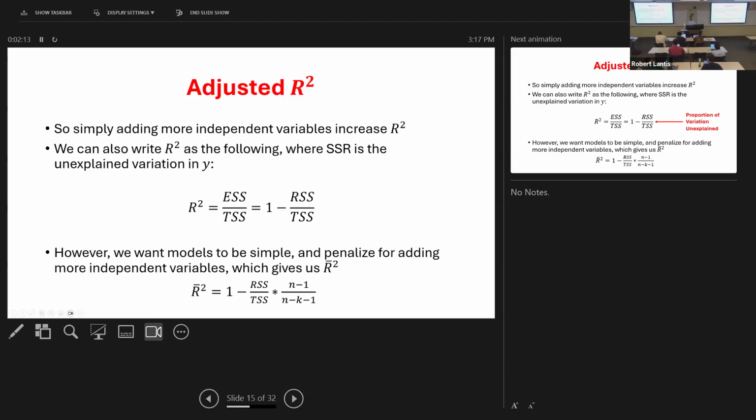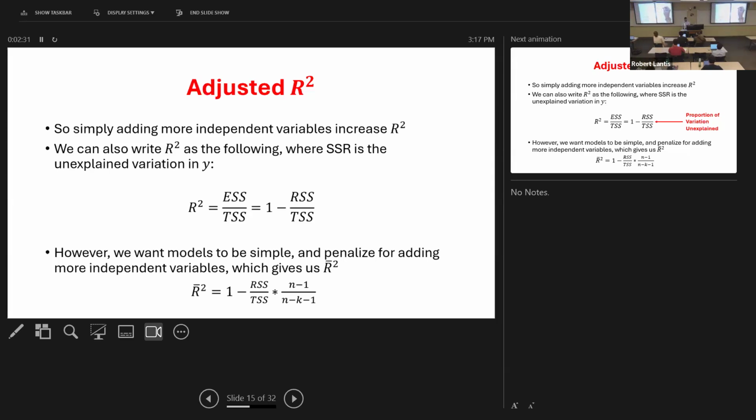So we can start to think about this, and I'll use some directional changes to point something out. If I've got my R squared, I'm looking at the adjusted R squared.